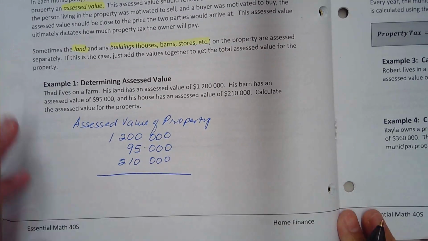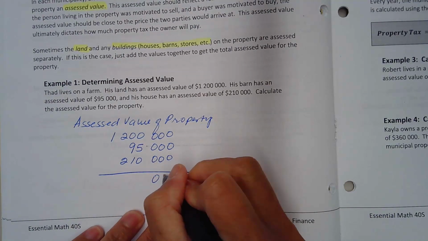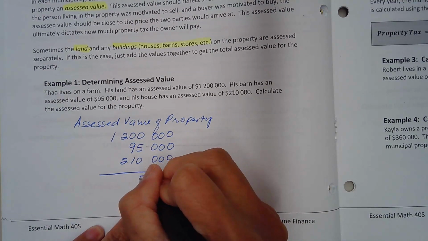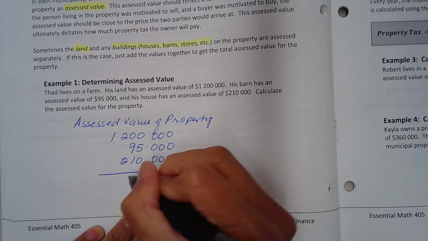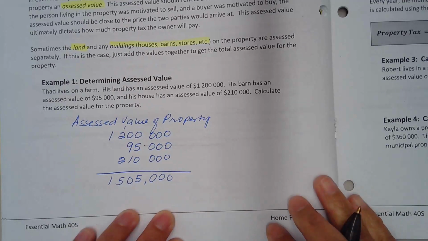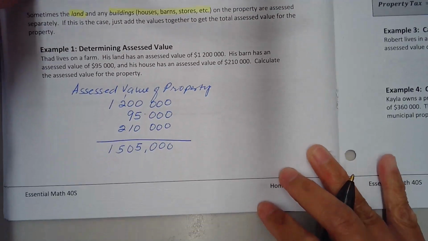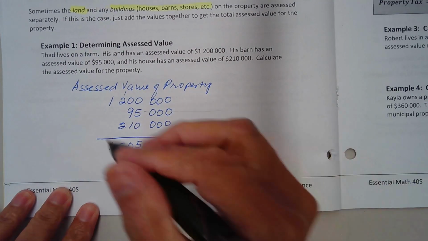So all three things add up to just over 1.5 million, so it's $1,505,000.